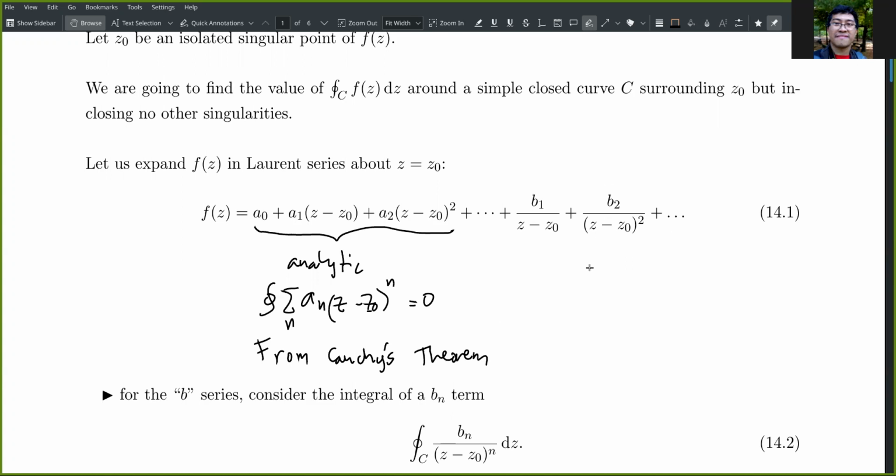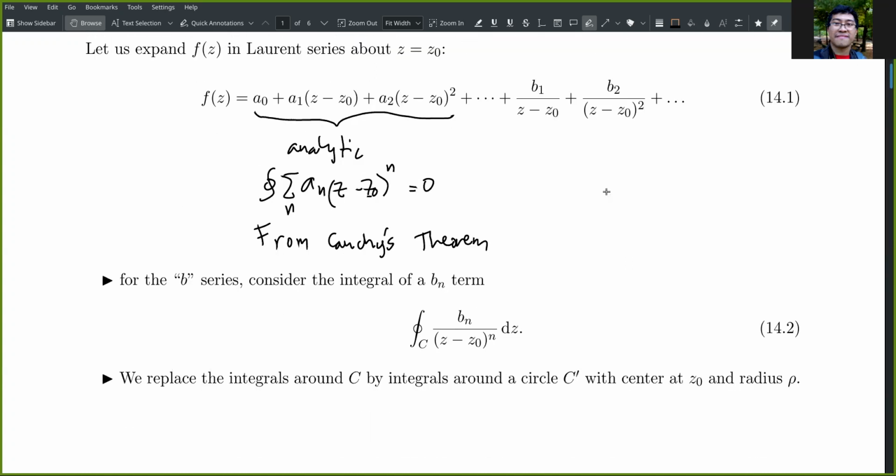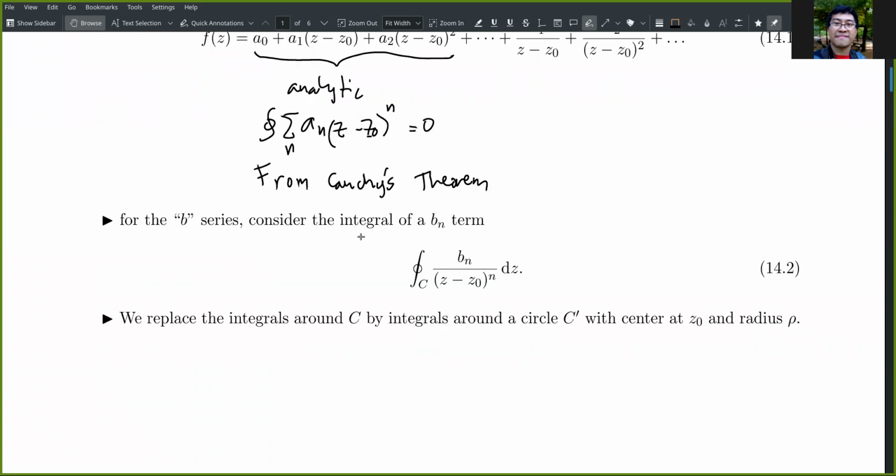But for the B part, we know that it is not 0.